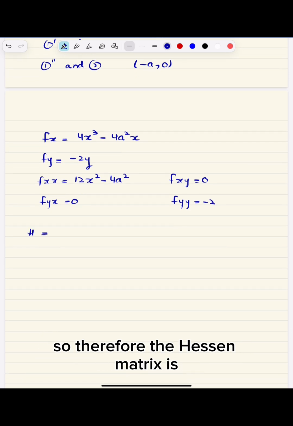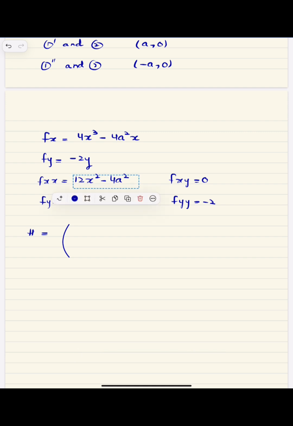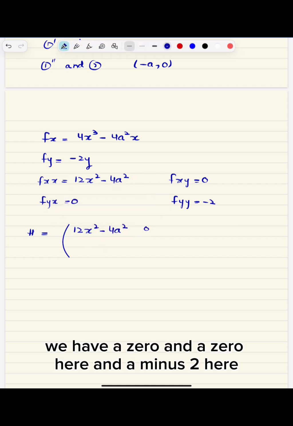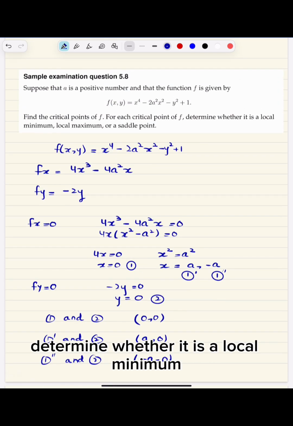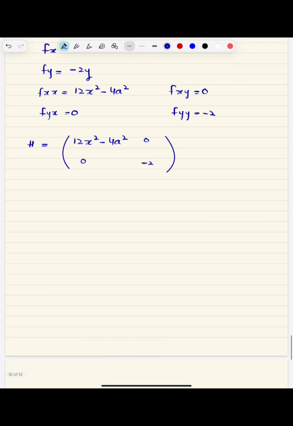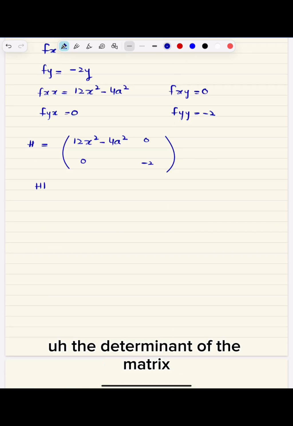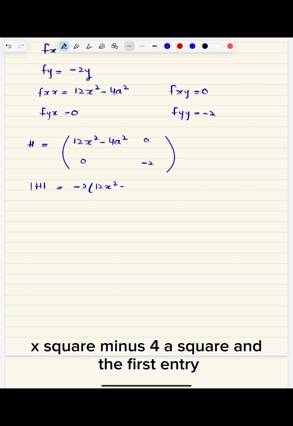Therefore the Hessian matrix has this first entry, 0 and 0 here, and -2 here. For each critical point, determine whether it is a local minimum, maximum, or saddle point. The determinant of the matrix is -2 times (12x squared minus 4a squared).